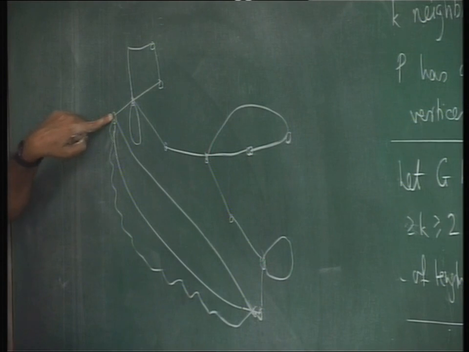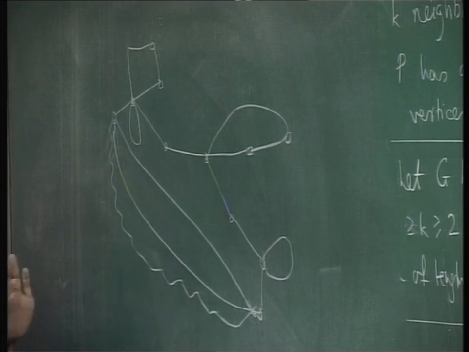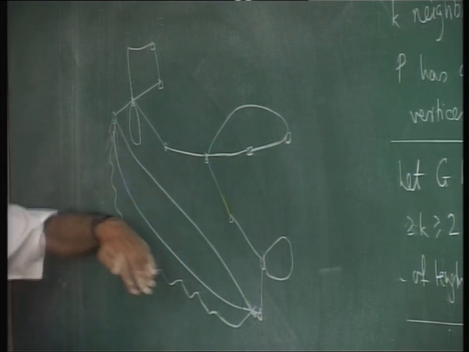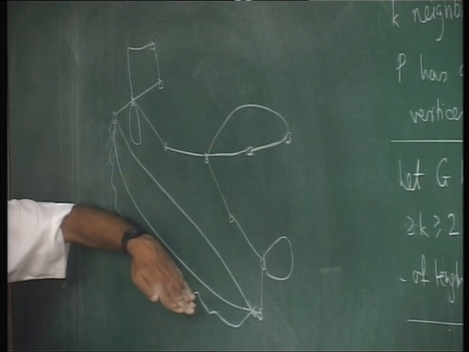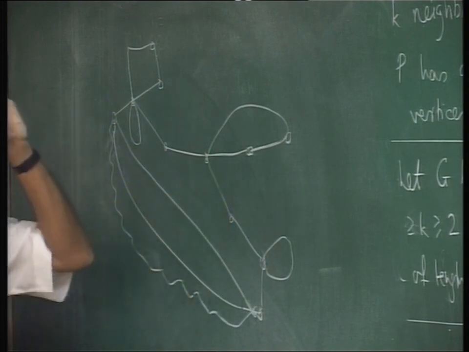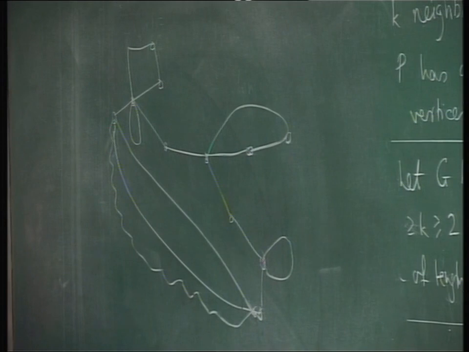So I could begin at this vertex and end at this vertex. Just think about this: manipulate this so that this becomes the last edge. Then conveniently I can remove that edge. Therefore I get an Eulerian trail. Okay.